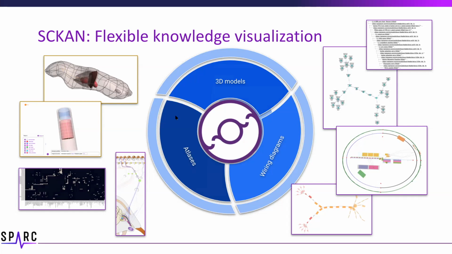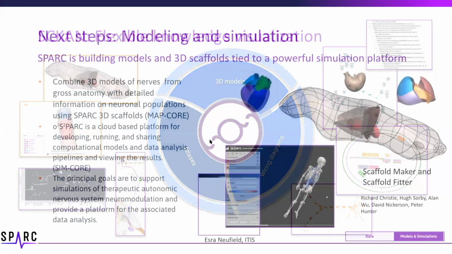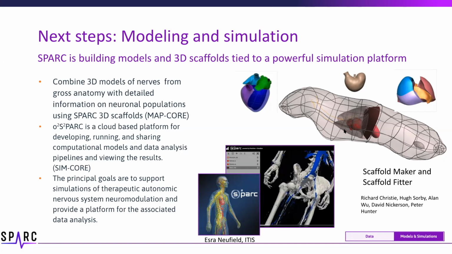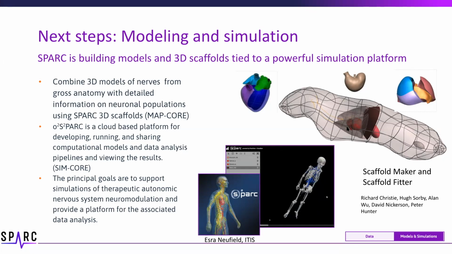And so the models that I showed are the two-dimensional flat maps, but in fact at Auckland, they are working on three-dimensional scaffolds where the individual organs can be placed in body parts. And these can be used as the basis of modeling efforts and also simulations. And if you can kind of see this little gold line here, this actually represents the vagus nerve.